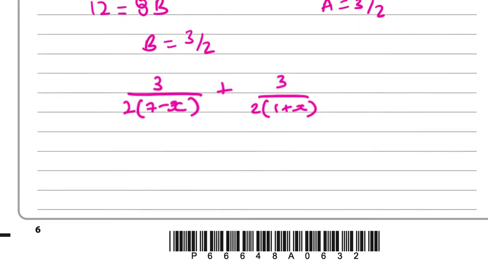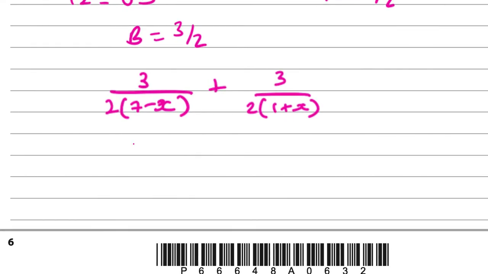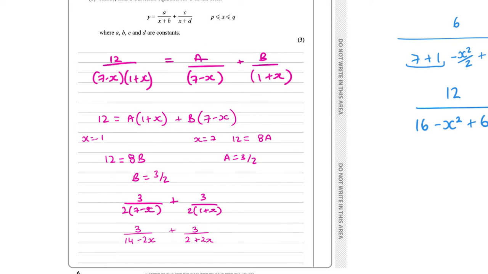Okay, so we need to expand, etc. So we're going to have 3 over 14 minus 2x plus 3 over 2 plus 2x. Now, have a look at the question and have a look at our answer.